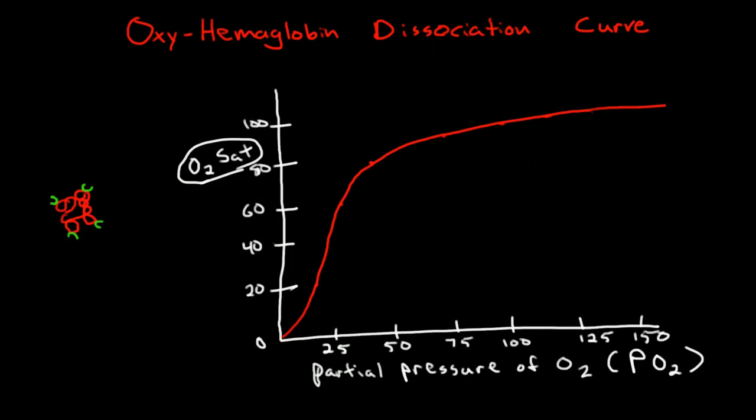Over on the left side here, I have a little picture of a hemoglobin molecule, and obviously that's going to be inside a red blood cell, and that red blood cell is going to be floating around inside a capillary.